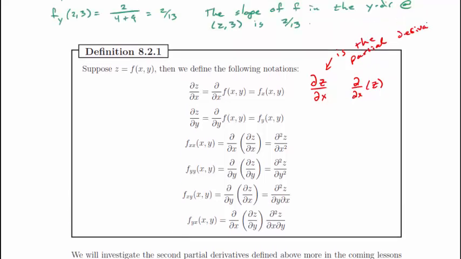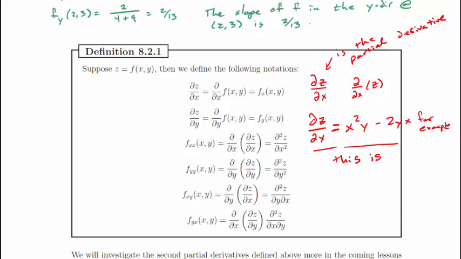We would write the partial of z with respect to x equals some expression, so it could be x squared y minus 2yx, for example. And this is the partial derivative function.